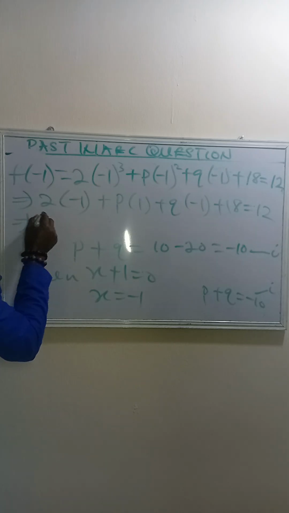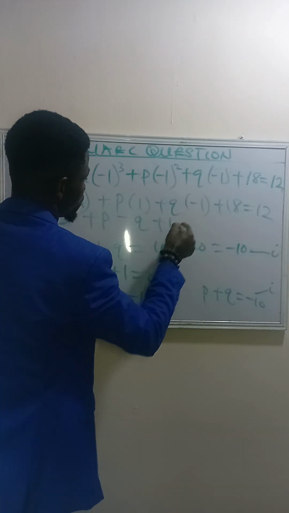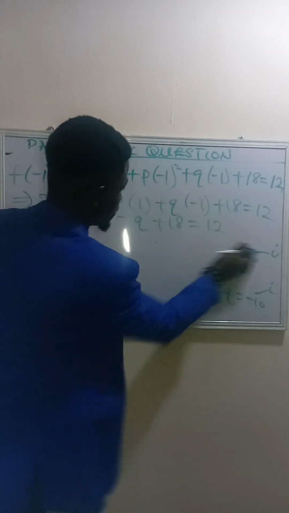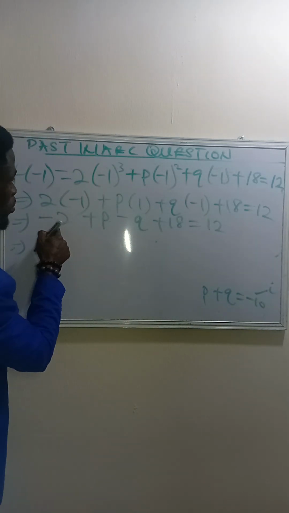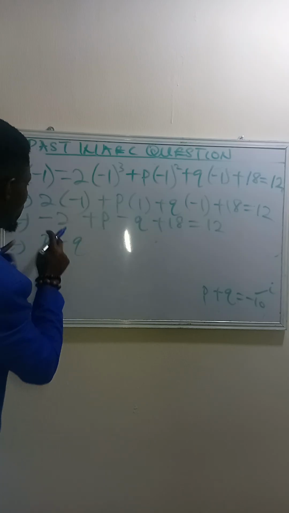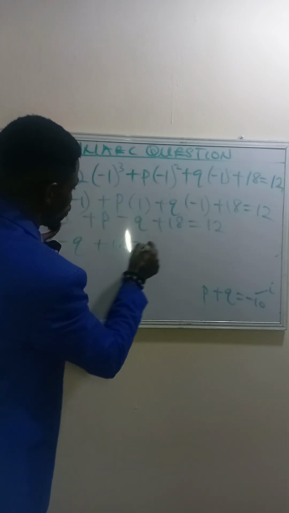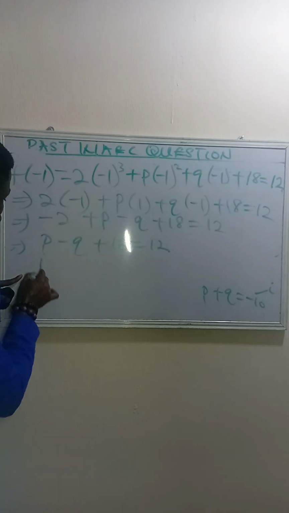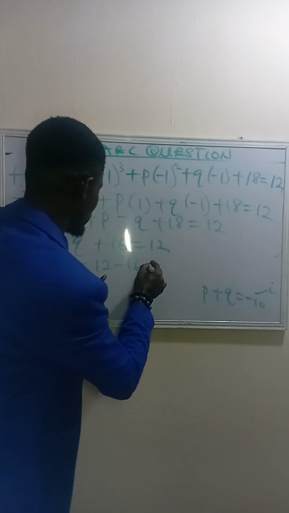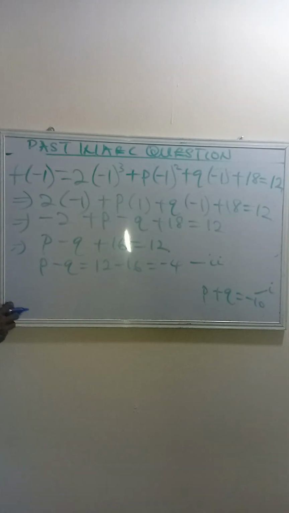So this gives minus 2 plus p minus q plus 18 equals 12. So p minus q, then minus 2 plus 18 gives plus 16, equals 12. So we have p minus q equals 12 minus 16, which gives minus 4. This is equation 2.